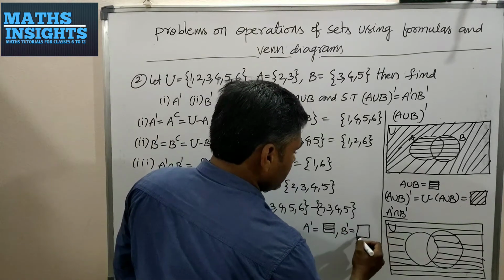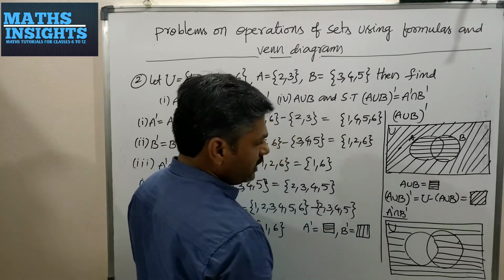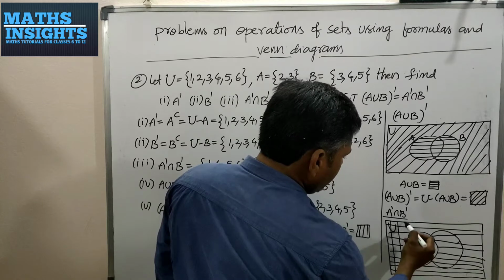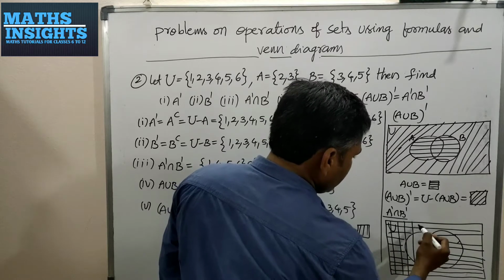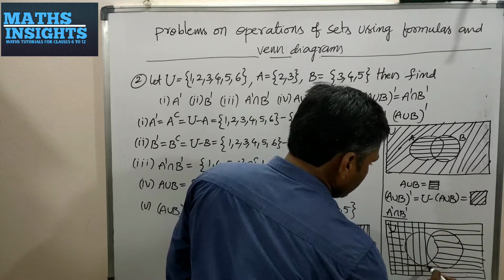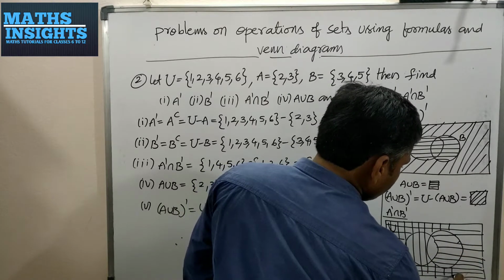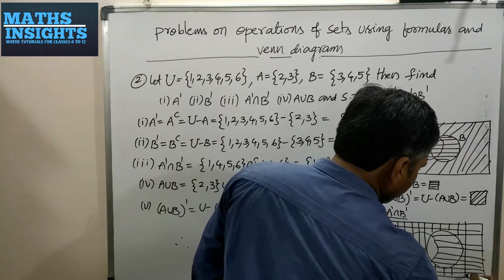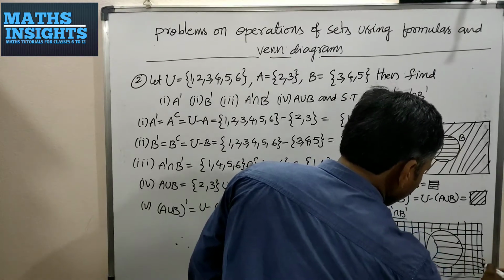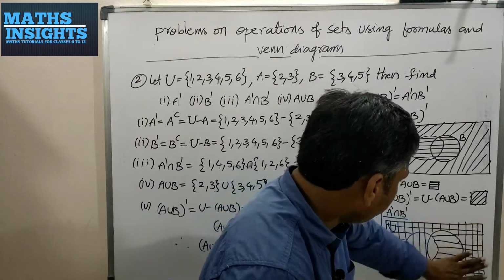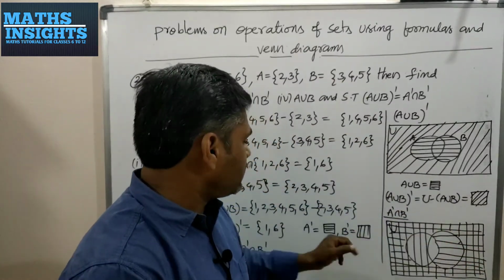So I am representing B dash with vertical lines. You have to remove B. You may draw in A also. Why? Because you have to remove B only. So from here I will not draw the vertical lines. Okay, that means this area excluding B will represent B dash.